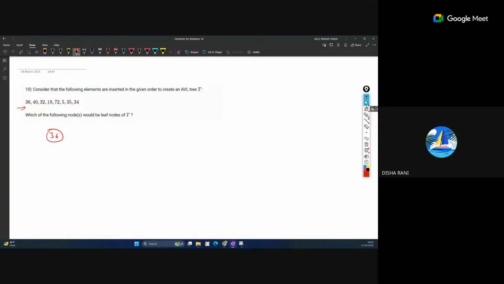Here there is no left subtree and no right subtree, so zero height on both sides. Zero minus zero is the balance factor for this node.